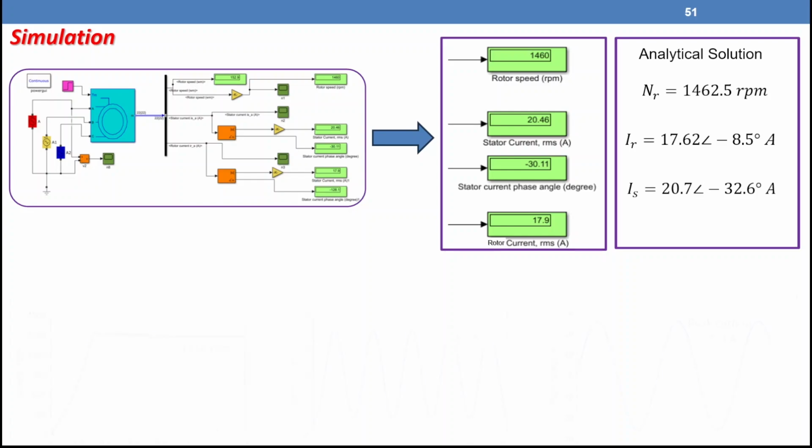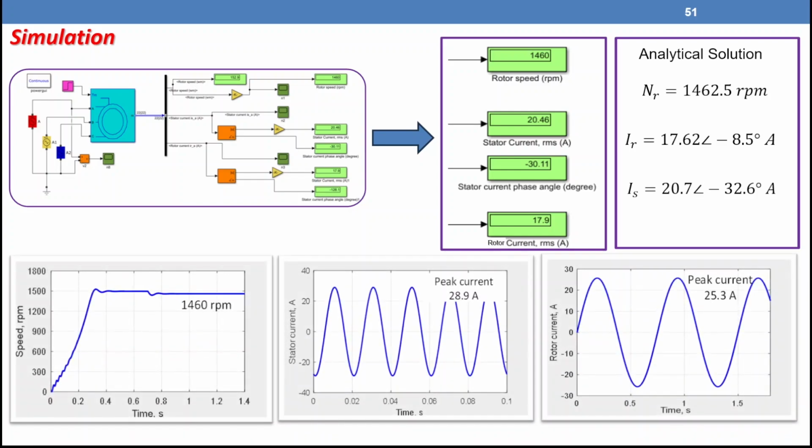If we simulate the waveforms, we're going to find that the rotor speed at steady state will be 1460 RPM, and the stator current has a peak value 28.9, which is something like 20.46 ampere as RMS value. And the rotor current is 25.3 ampere as a peak value, which is something like 17.9 ampere RMS value.